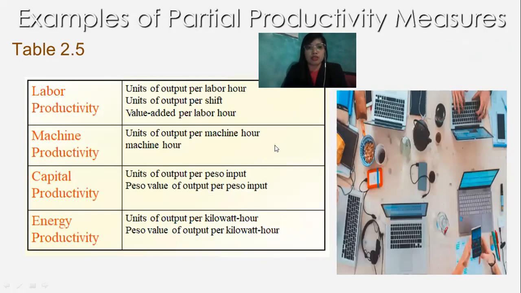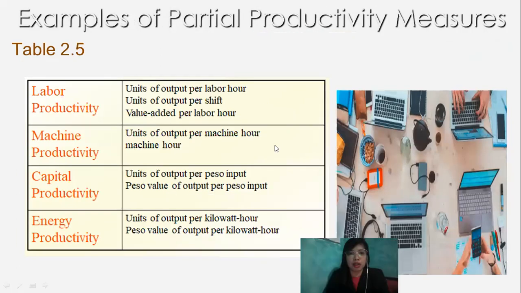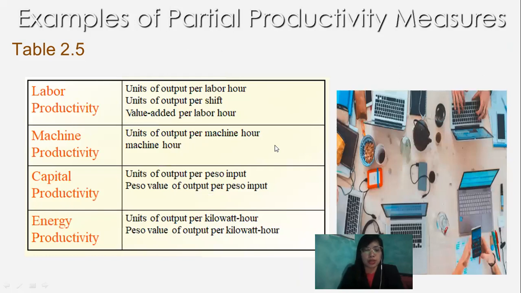For examples of partial productivity measures, labor productivity is units of output per labor hour, units of output per shift, and value added per labor hour. Machine productivity is units of output per machine hour.